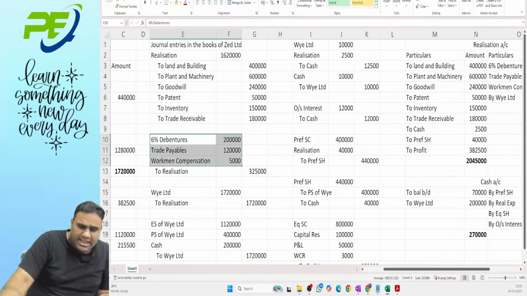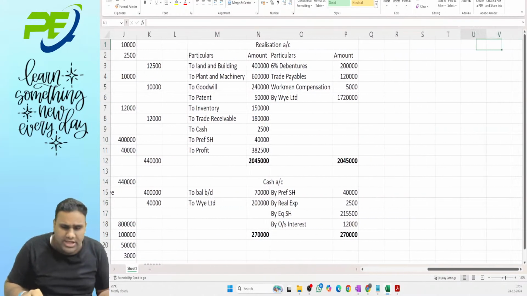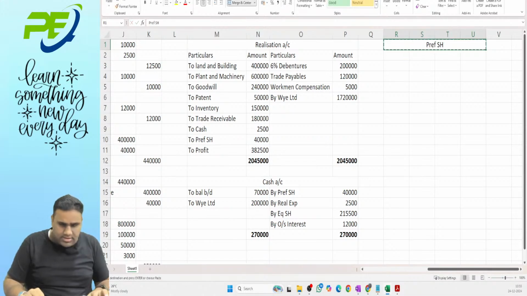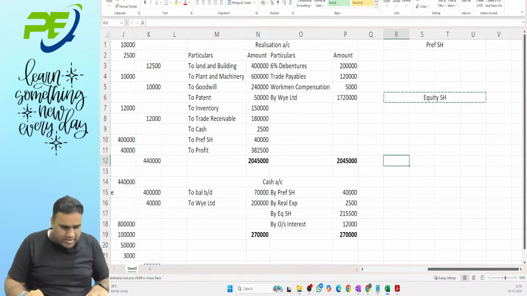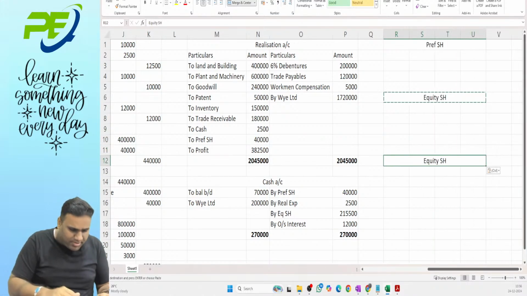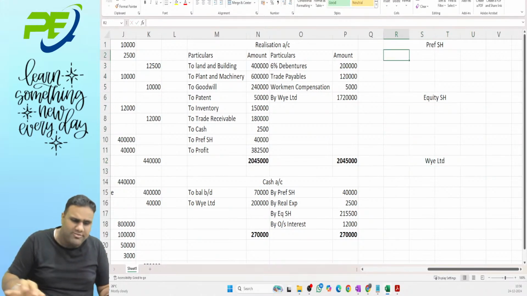This has also tallied. So, apart from this, what else might they ask us to prepare? Equity shareholder, preference shareholder, equity shareholder, and Y Limited. When will we complete this problem in the exam? That doubt I also have.